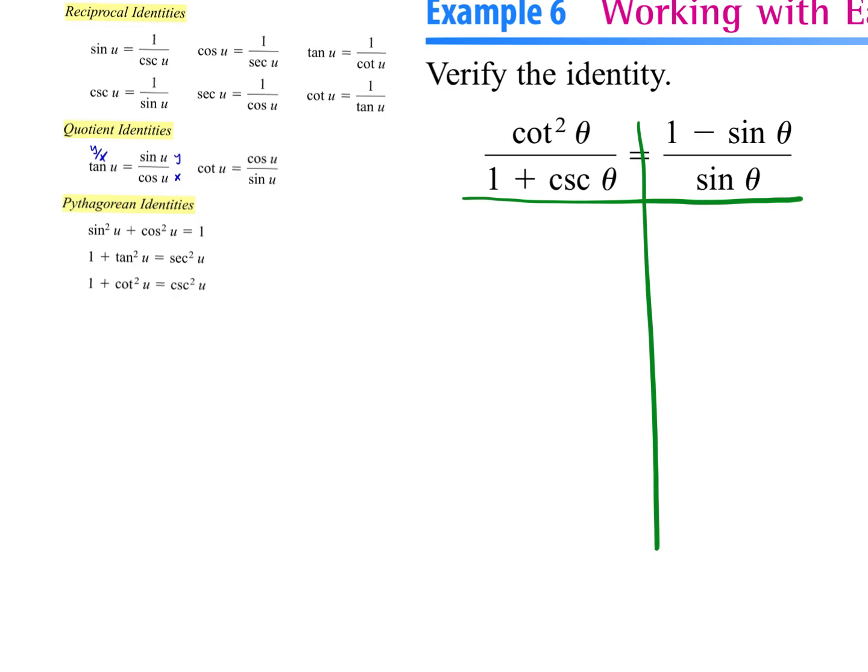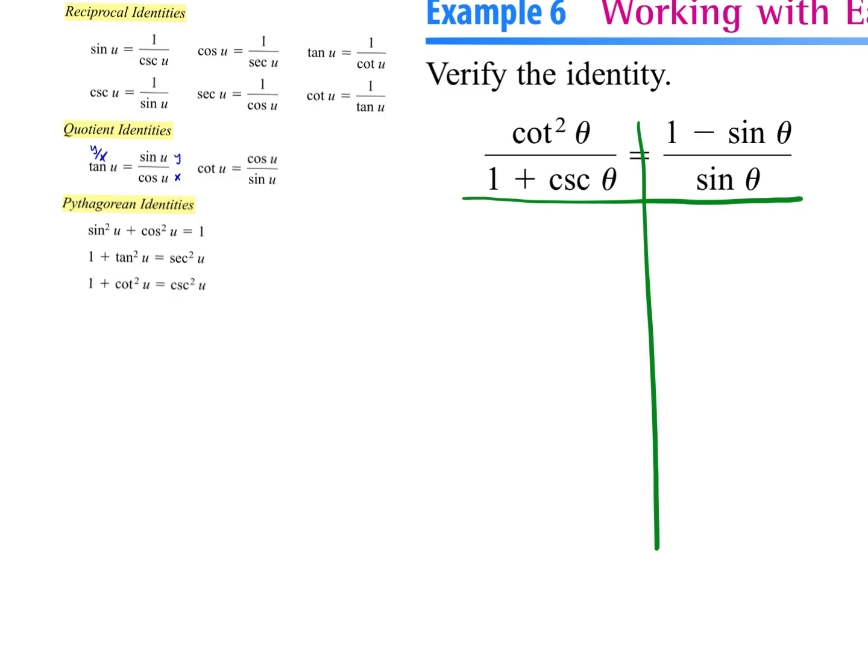We can. So then we could do the Pythagorean identity on the top. Can we do the Pythagorean identity on the top? Oh, no, you can't, because it's not squared. So we can't.